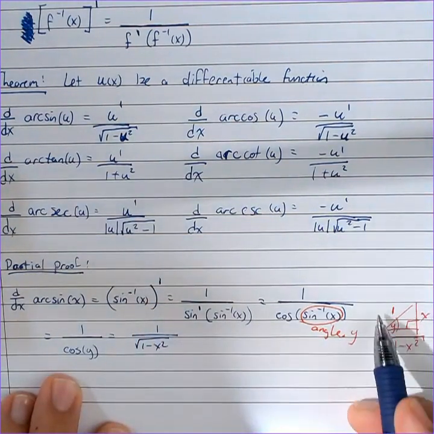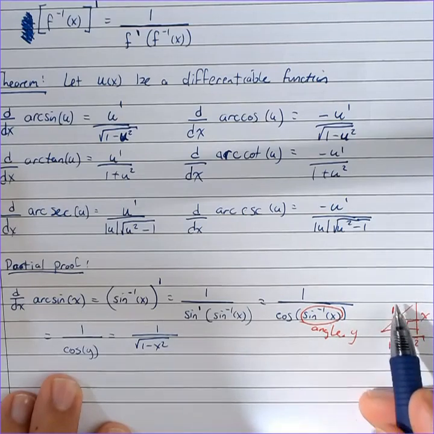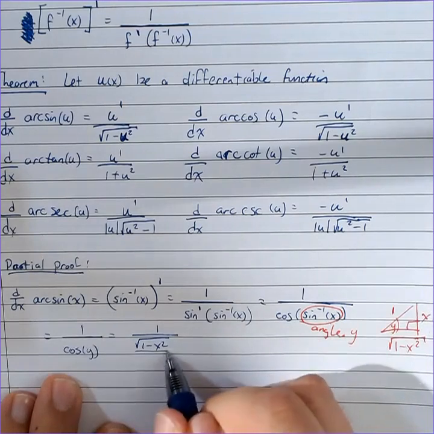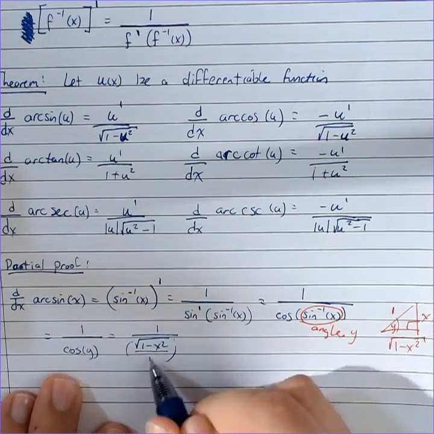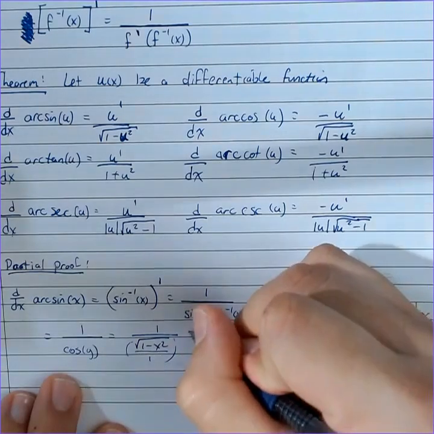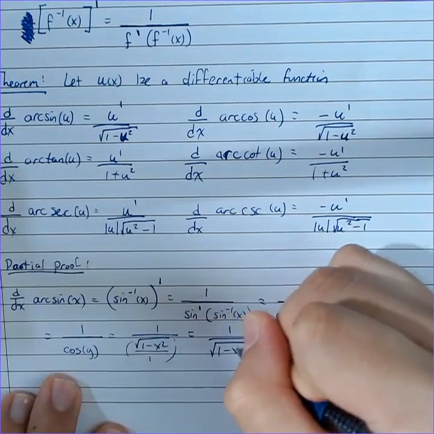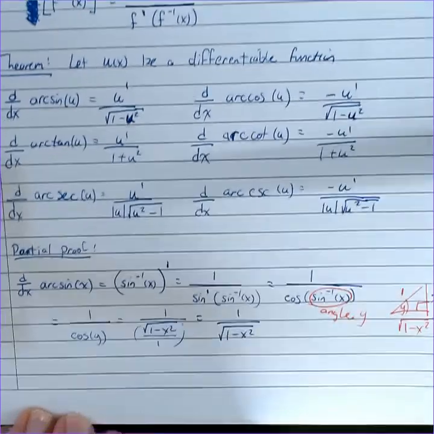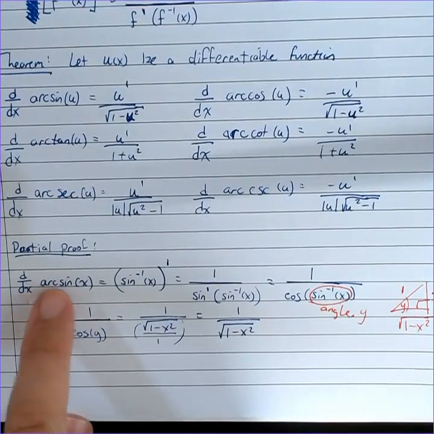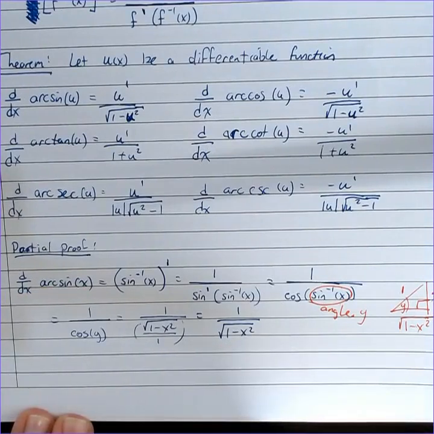But then you have to divide by the hypotenuse. Right? The length of the side adjacent divided by the length of the hypotenuse. So divide that by 1. Obviously dividing by 1 doesn't change anything, so here I can just write that as 1 over the square root of 1 minus x squared. So that tells me that the derivative of the arc sine of x is 1 over the square root of 1 minus x squared.